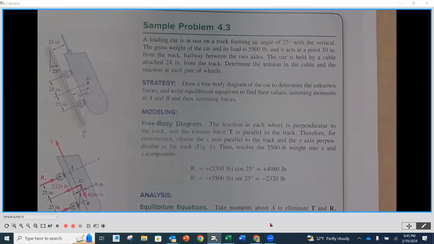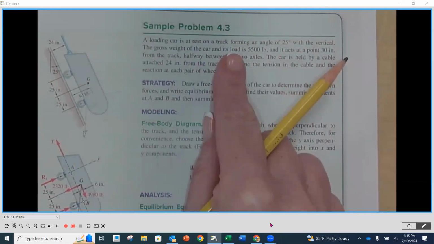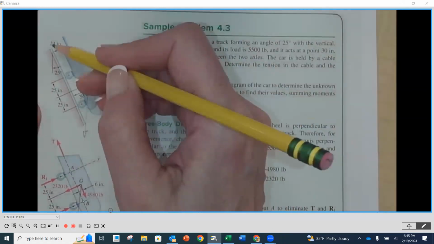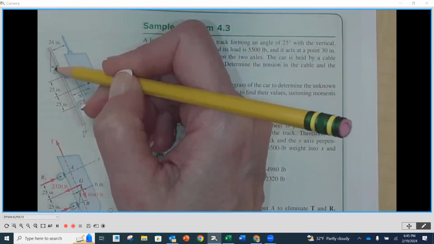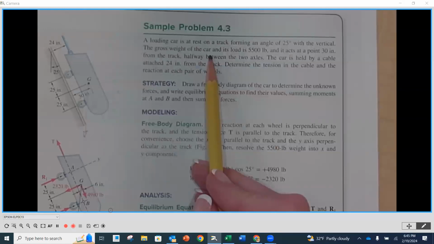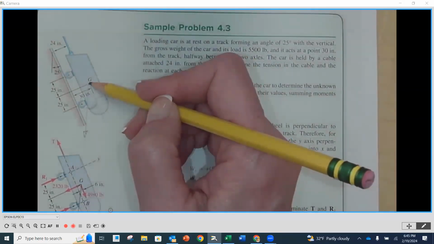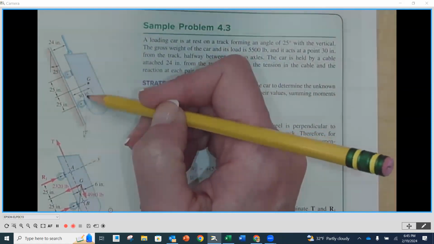Now, in this case, we've got a loading car at rest on a track, forming an angle of 25 degrees with vertical. So here's the 25 degrees. The gross weight of the car and its load is 5,500 pounds, and it is directed here at the center of gravity.